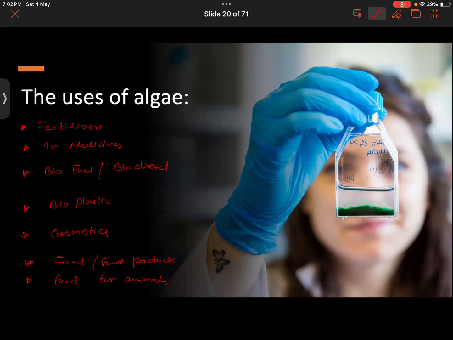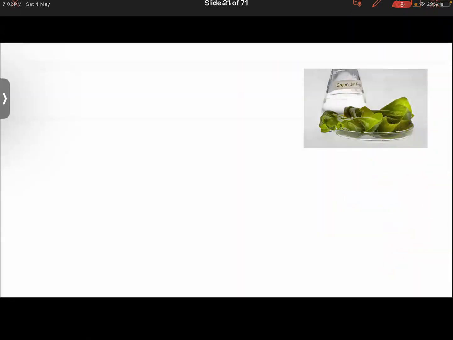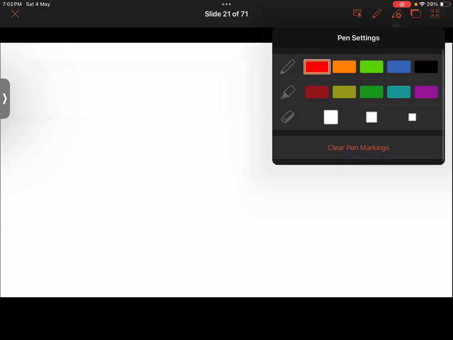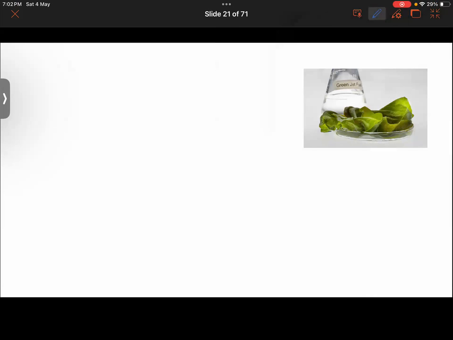Let's first understand how they are used in fertilizers. As you know, algae are a rich source of different kinds of nutrients, so traditionally they have been used as fertilizers for crops.